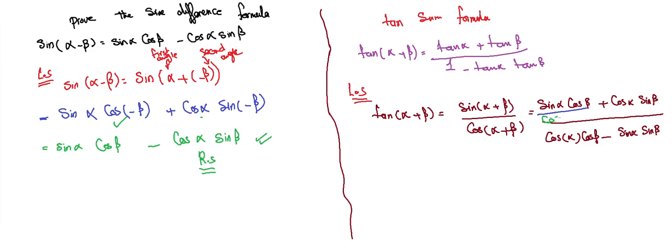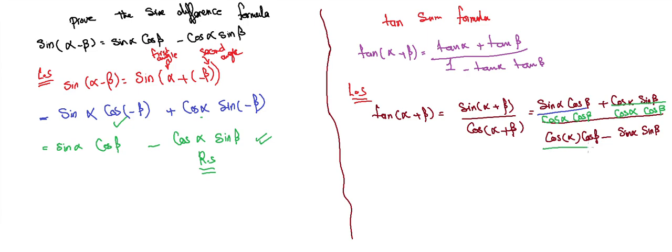I need cosine alpha and cosine beta down, so now I'm going to divide. Can I apply the same thing there? Here I have cosine alpha cosine beta, right? Cosine alpha cancels with this one, and I'm left with only tan beta.